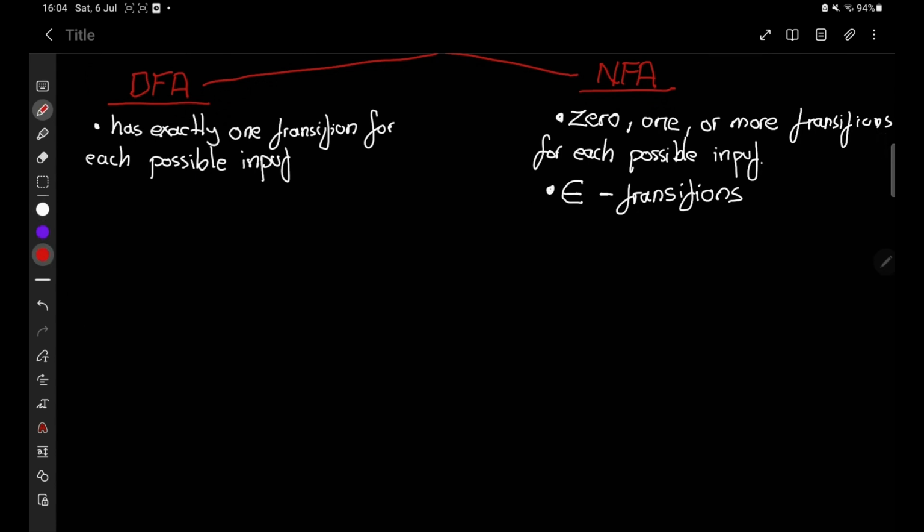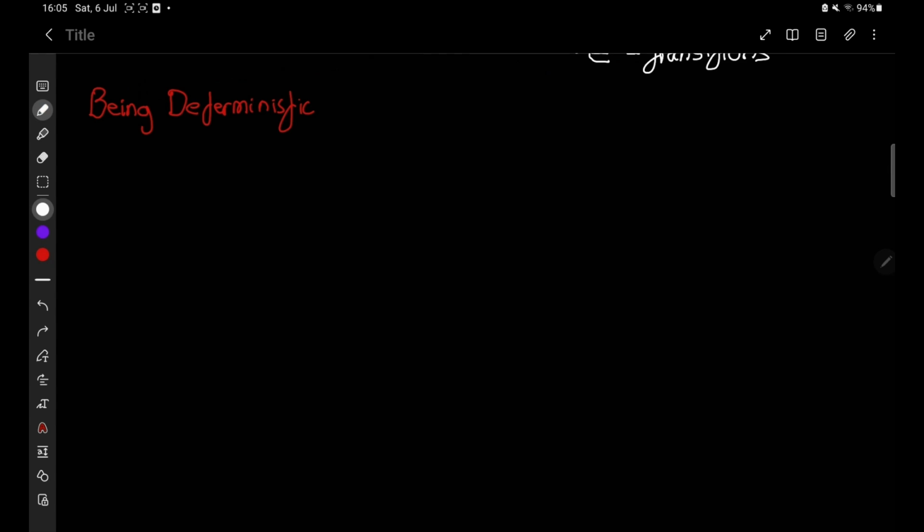Another thing that you should know, and it is actually the biggest difference between DFA and NFA, is determinism. Being deterministic allows two things. First, unique transitions. Unique transitions means that for any given state and input symbol, there is exactly one defined next state.